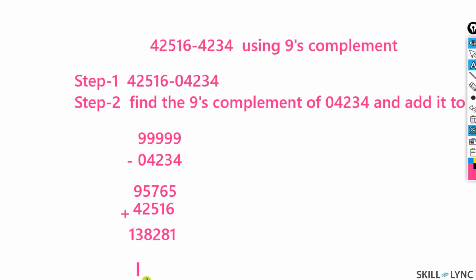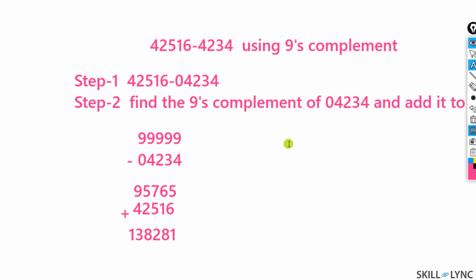Now we have to check whether the carry is there or not, because step number 3 says check the carry. The question has 5 digits, and here the number of digits is 6. So one extra bit is present, which means the carry is there.